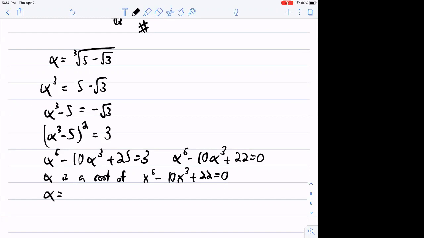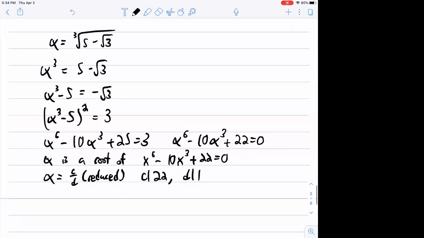If alpha was C over D reduced, C divides 22, D divides 1. So for C, you see there are already 8 options: plus minus 22, plus minus 1, plus minus 2, plus minus 11. And D is plus minus 1, right?